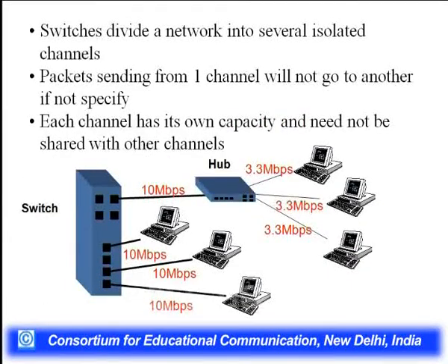So, what does a switch do basically? It divides a network into several isolated channels. A packet sent from one channel will not go to another if it is not specified. Each channel has its own capacity and need not be shared with other channels. As you can see in this diagram, we have a switch which gets a 10 Mbps speed.